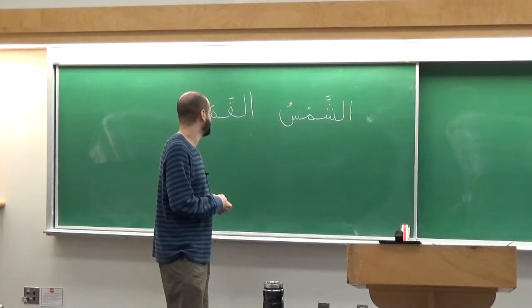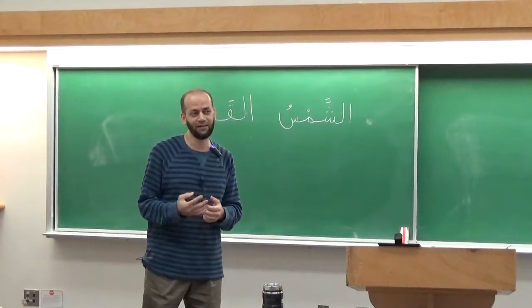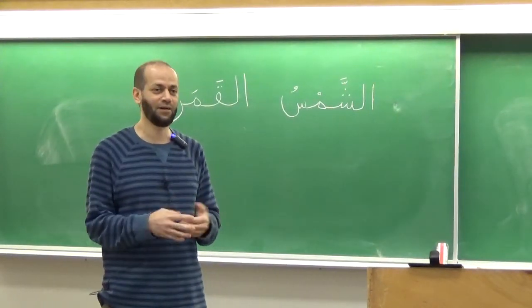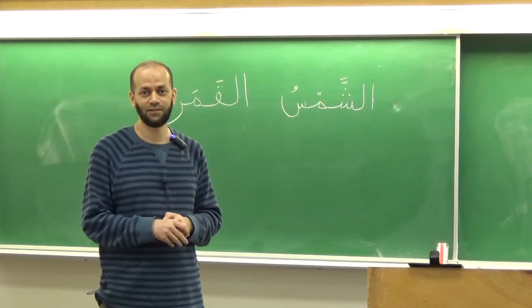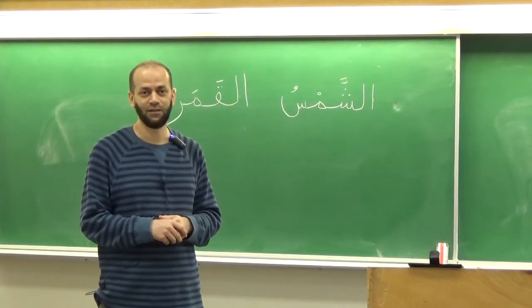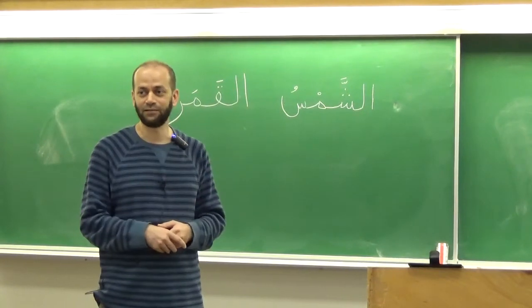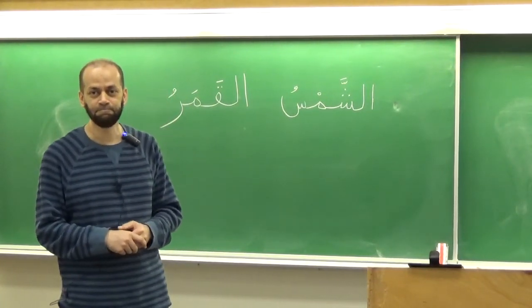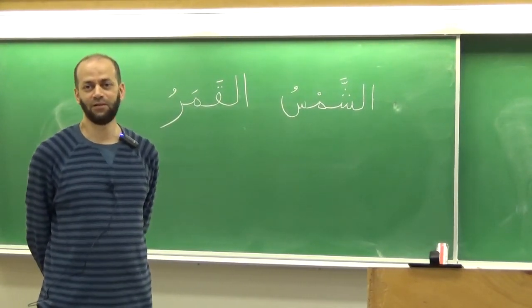If a person doesn't want to memorize these letters, how can we find out? Is it a Shamsiyya letter, or is it a Qamariyya? Is it a sun letter or a moon letter? What is the solution for a person who is not able to memorize, or doesn't want to memorize these letters? What is the workaround? Yes, Brother Mustafa. If he's reading from the Quran, he can see the shadda. All right, so what will he conclude?